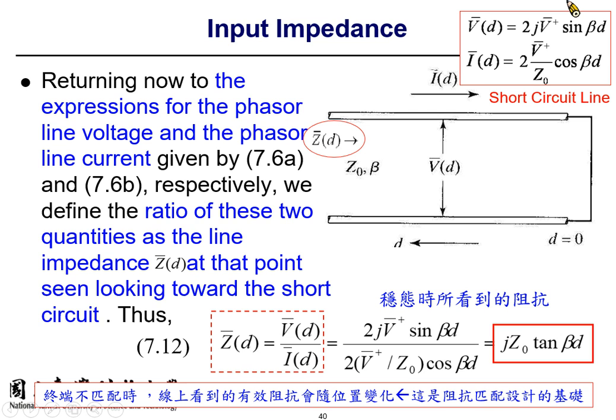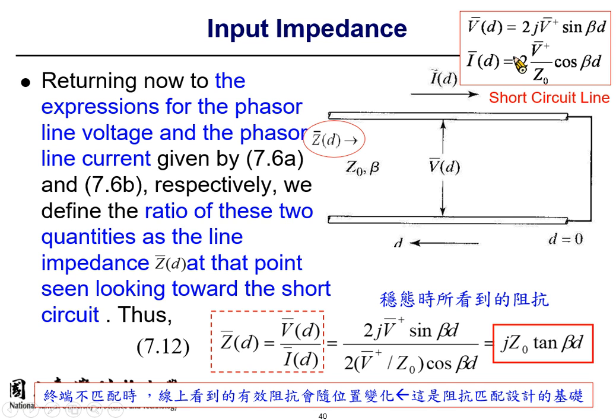So the variation is a sine function. As we already know, at certain positions you will have a 0 voltage, and at certain positions you will have a larger voltage on the line.